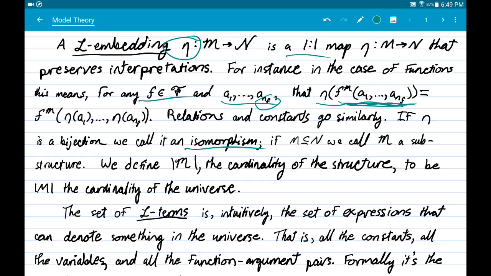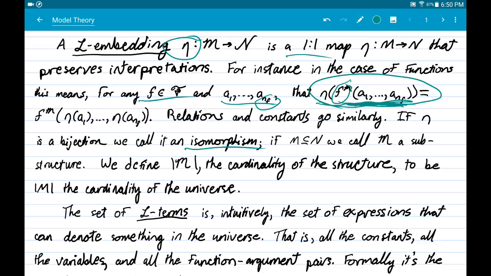So here I get the function denoted by the symbol, I plug in all of its arguments with these particular arguments, and that gets me another element out of the domain of the structure M, and then I map using eta.